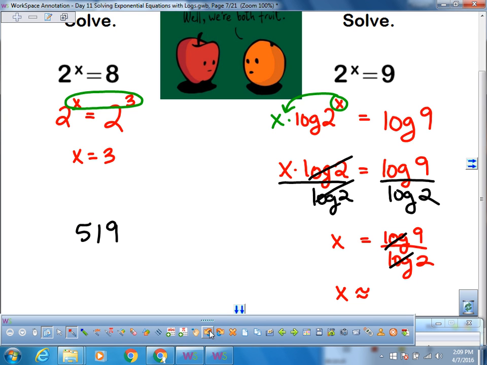So everybody practice right now and put in your calculator log 9 divided by log 2, and let's see if we get the same answer. Log 9 in parentheses divided by log 2 in parentheses. 3.169. I only want 3 decimal places, but this is a 9.